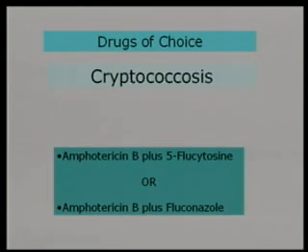What's nice is amphotericin B, if you remember, requires hospitalization and long-term therapy, but the others are oral drugs. So you wean the patient off amphotericin B and continue with the oral medication.